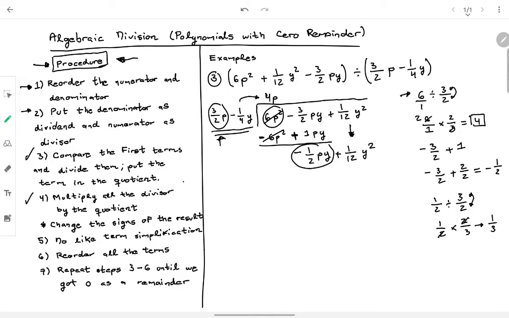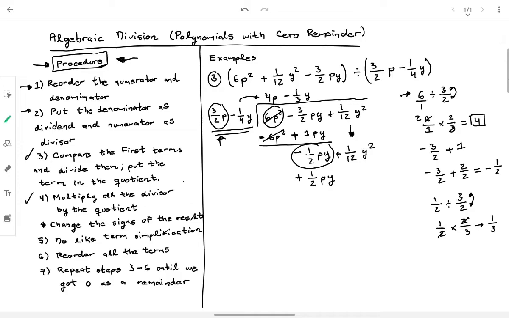So if we multiply this by minus 1/3 of y, we will get minus 1/2 of py. But remember, we need to change the sign.